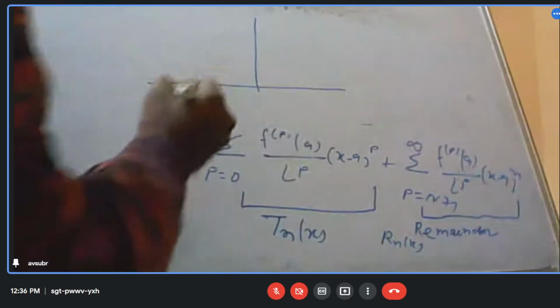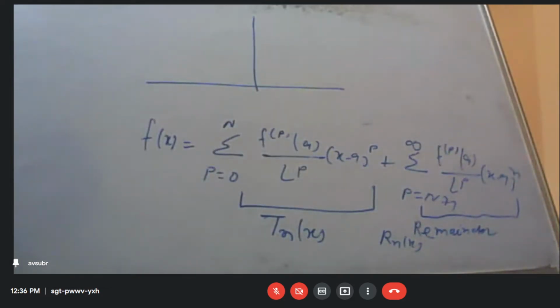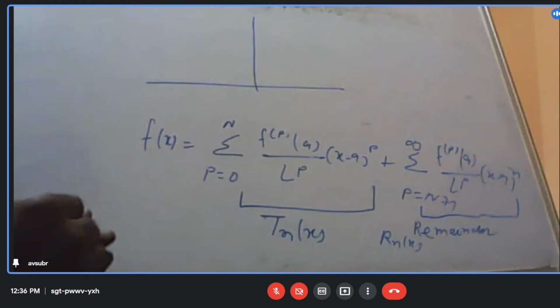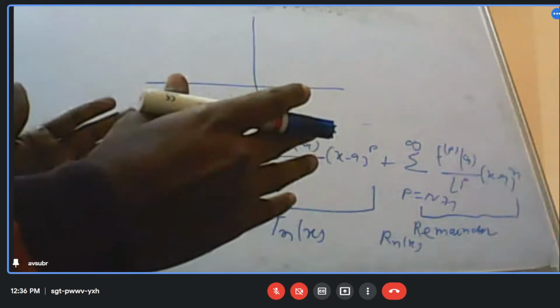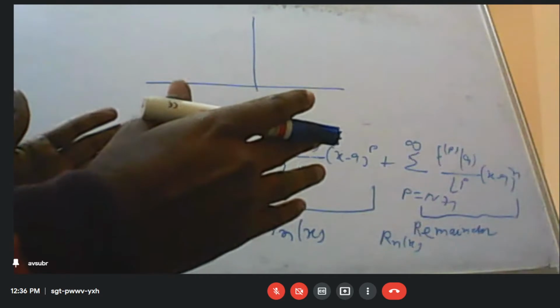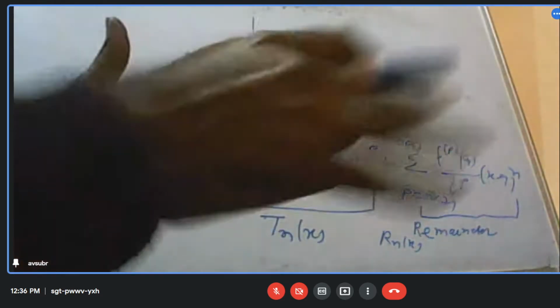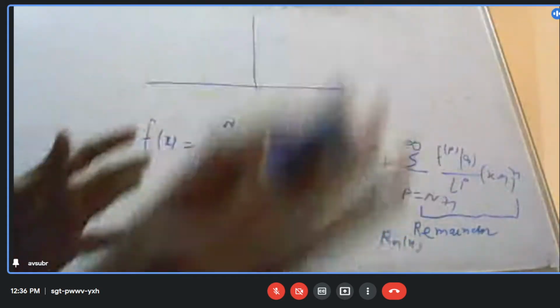I can separate into three parts, four parts, five parts, whatever f of x is, whatever you do, however many terms you are considering, and the remaining terms are all remainder.